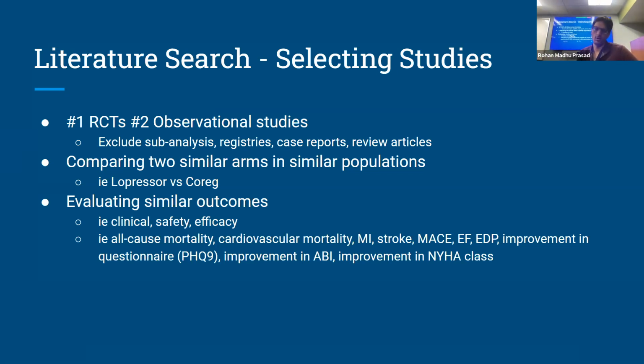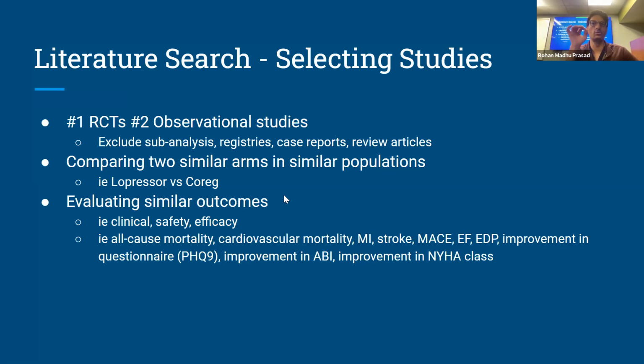So when you're looking at these randomized controlled trials, you want it to be a two-arm study, which is a randomized controlled trial, and you want it to be comparing similar arms in all the studies. So one arm can be placebo, but the other arm has to be something else. And so like I wrote here, low pressure versus Coreg.